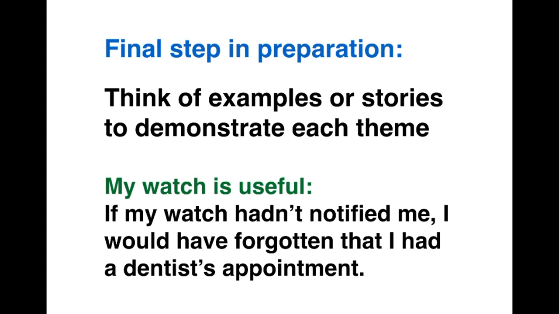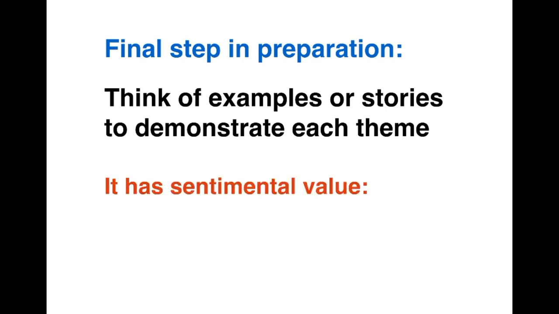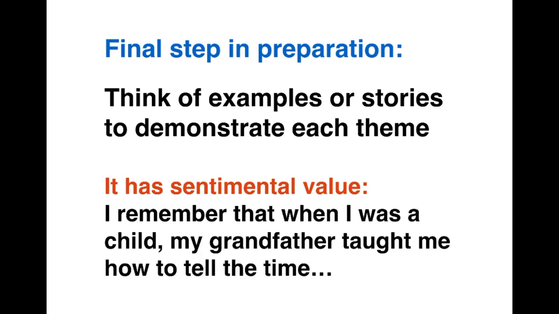Or on the old watch theme, it has sentimental value, the inherited old watch. I could say as an example, I remember that when I was a child, my grandfather taught me how to tell the time using this watch. So those are the examples that could help us to keep talking and develop those vocabulary themes even more.